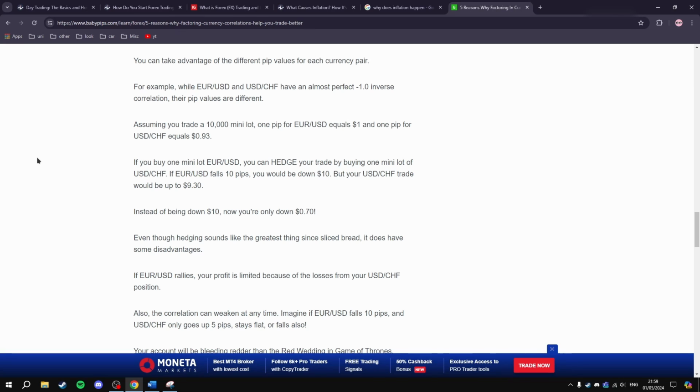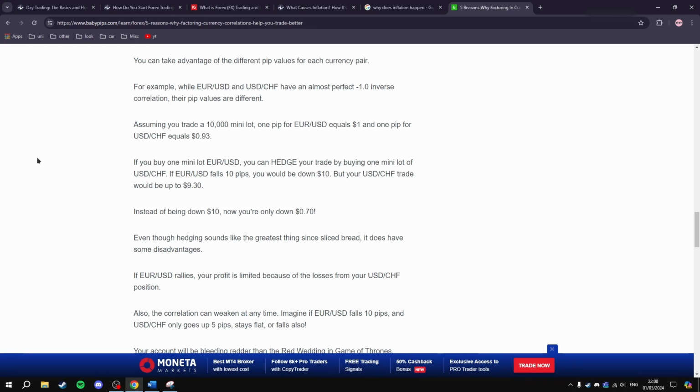You can take advantage of the different pip values for each currency pair. For example, while Euro USD and USD CHF have an almost perfect -1 inverse correlation, their pip values are different. Assuming you trade a 10,000 mini lot, 1 pip for Euro USD equals $1 and 1 pip for USD CHF equals 0.93 dollars.